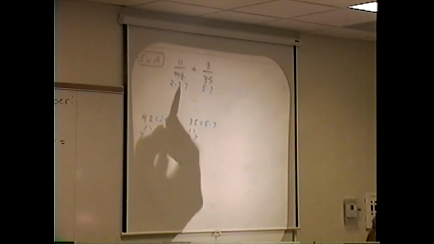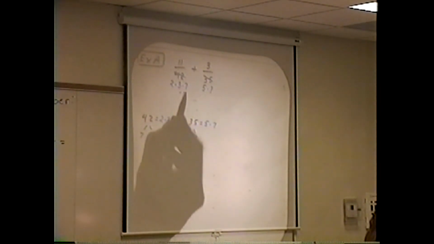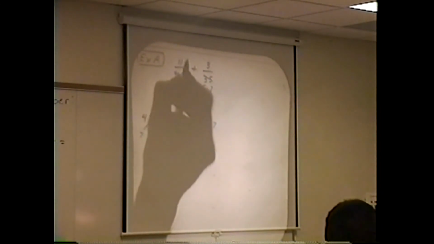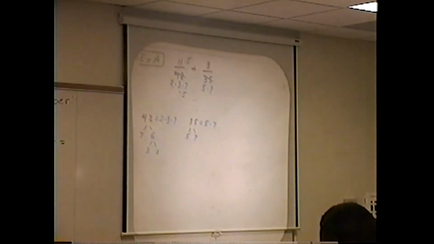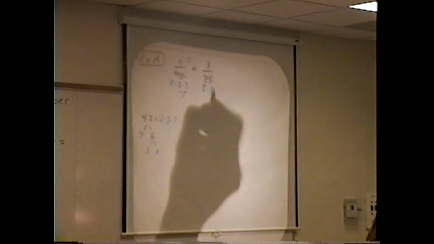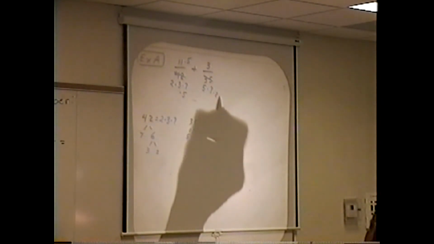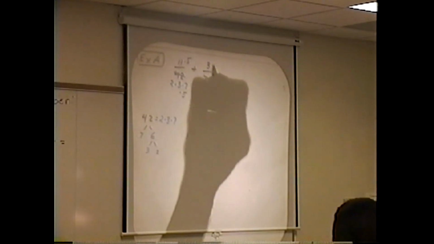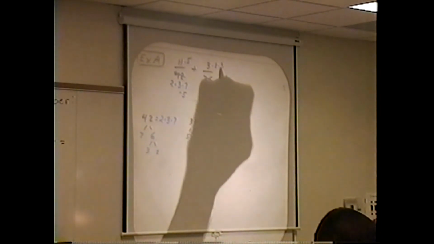Doesn't it have a 5 and this one doesn't? They both have 7s already, so that's okay. But this one is missing a 5, so I'm going to multiply by 5. And whatever I multiply in the denominator, I also multiply in the numerator. What's this one over here missing? A 2 and a 3, so I have to multiply by 2 and 3.